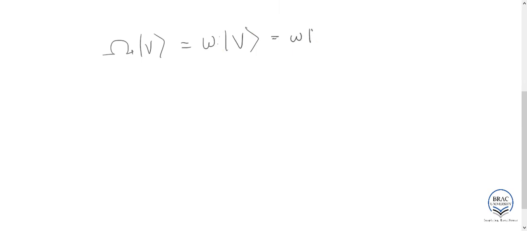Let's write the identity operator like this. This is a 1. Also note that we are considering a finite dimensional vector space, so omega will just be a matrix. From here you can write omega v is equal to small omega, the identity matrix, and v.